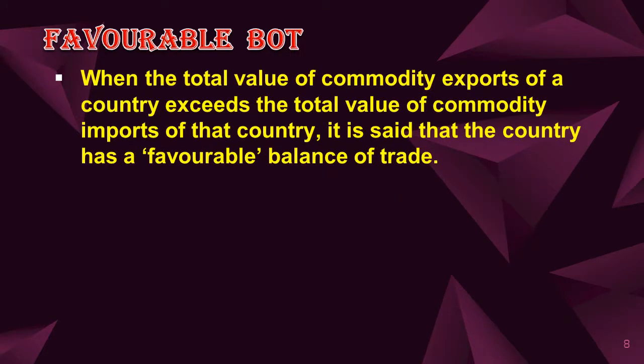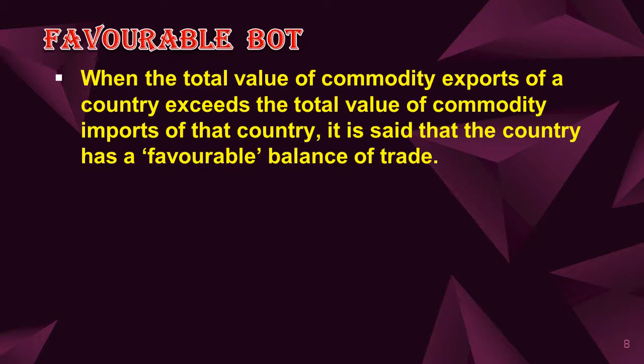This balance of trade is of two types, favorable balance of trade and unfavorable balance of trade. When can you say that trade is favorable? When the total value of commodity export of a country exceeds the total value of commodity import of the country, it is said that the country has a favorable balance of trade.